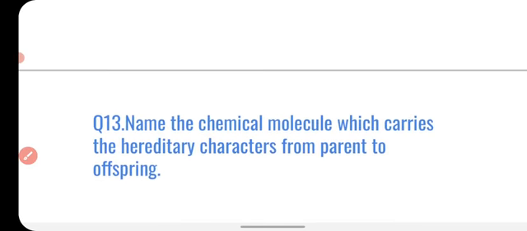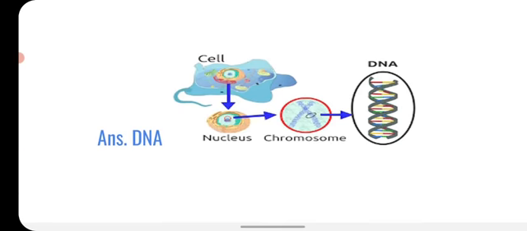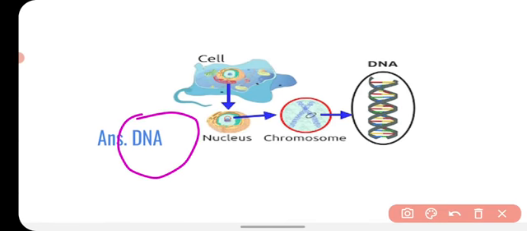Now the next question is, name the chemical molecule which carries the hereditary character from parent to offspring. You have to write the name of the molecule which transfers the characteristics from parent to the new generation, from parent to the babies. So it is DNA, deoxyribonucleic acid. This is the DNA which is found in the nucleus.